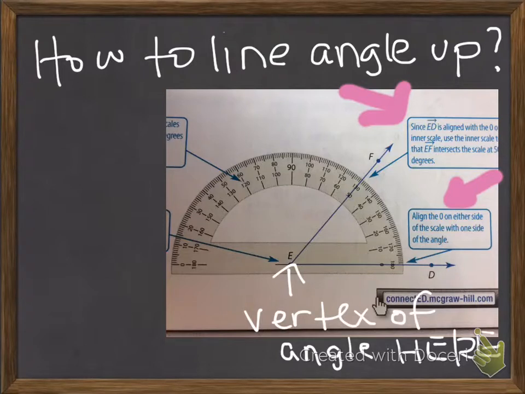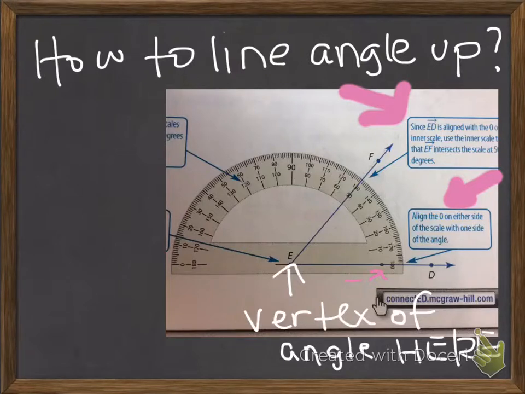And then we're going to look here at how to line an angle up. Notice that they've put the angle vertex at the center of the protractor. And then wherever one of the lines or one of the sides aligns with the 0, so if you look here, that would be right here.